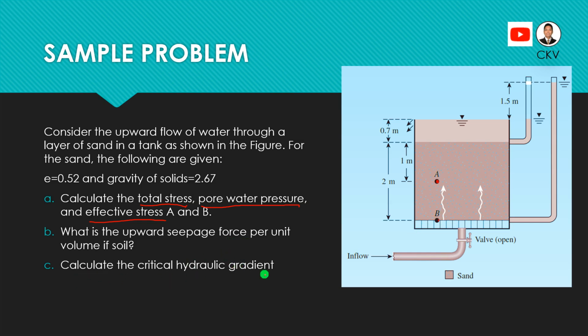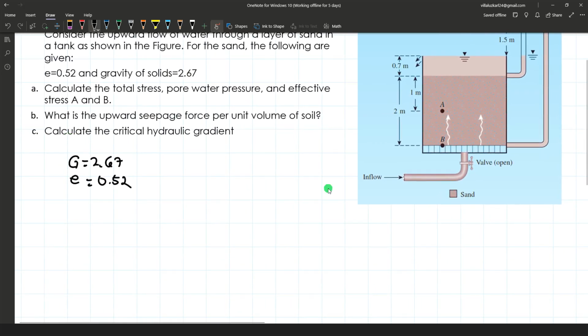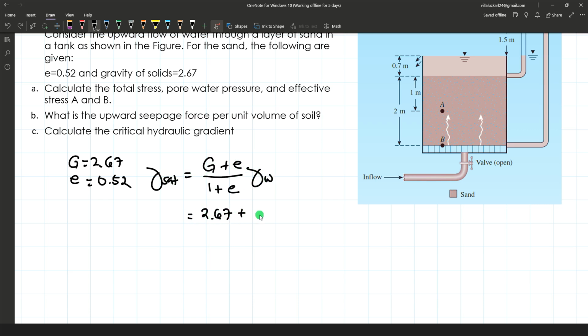So let's solve this. We have a given specific gravity of 2.67 and void ratio of 0.52, and with that we can compute the saturated unit weight of soil. The saturated unit weight of soil is specific gravity plus e over 1 plus e, multiplied by the unit weight of water. So 2.67 plus 0.52 over 1 plus 0.52, multiplied by 9.81 kilonewtons per cubic meter.